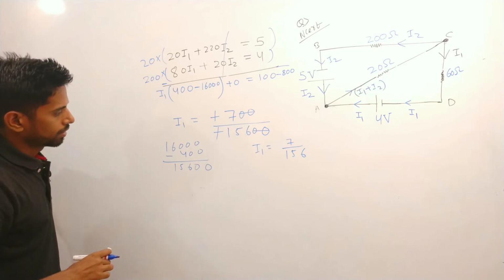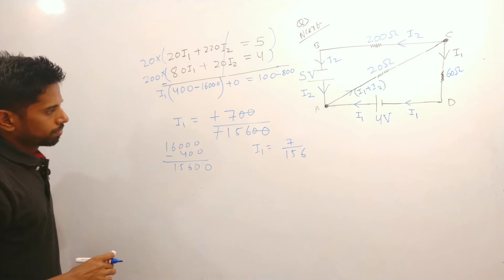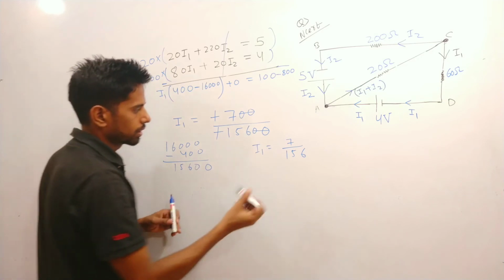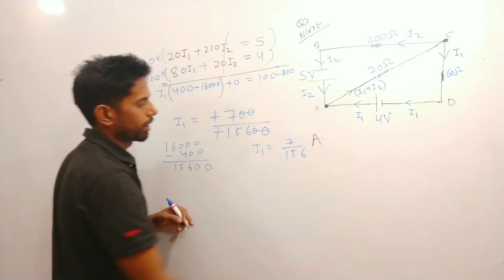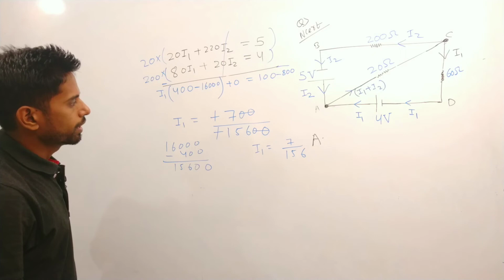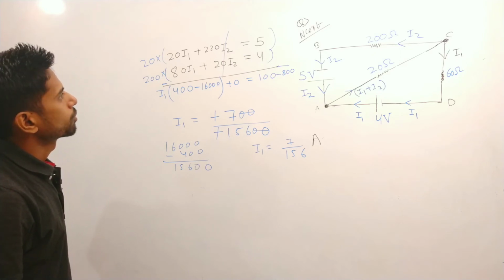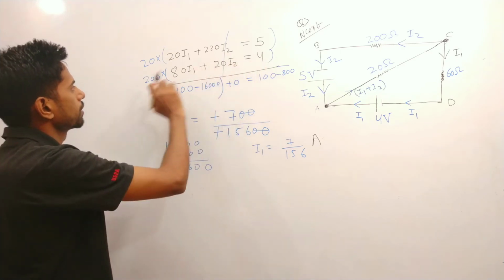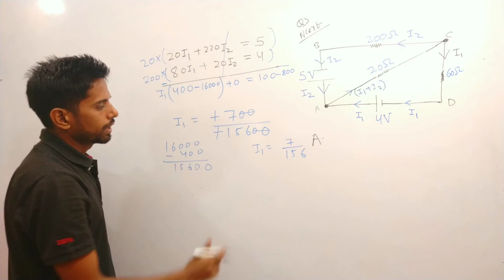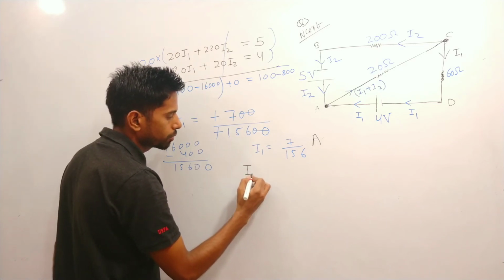So this is the I1 value. Similarly, if you have to find the value of I2, how can you find?